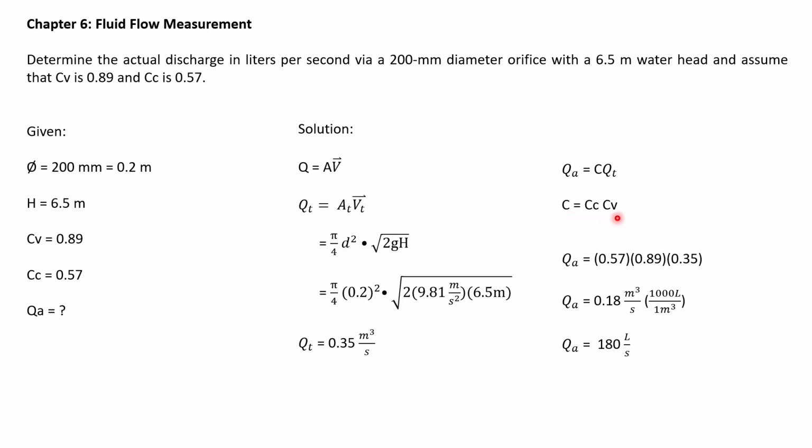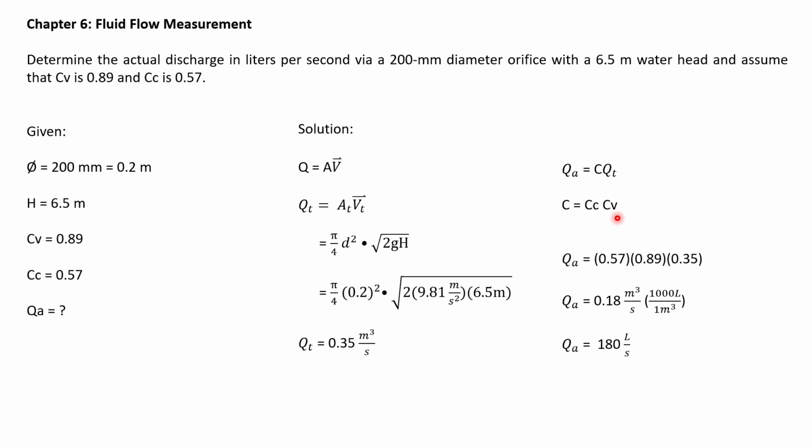Why will we use this? It is because there is a relationship between the coefficient of discharge, coefficient of contraction, and coefficient of velocity. The product of the coefficient of contraction and the coefficient of velocity is the coefficient of discharge.